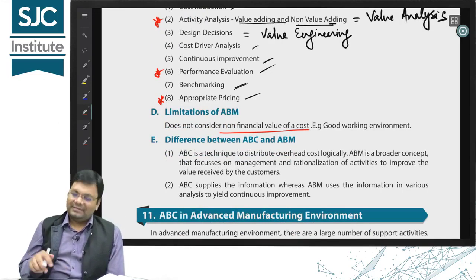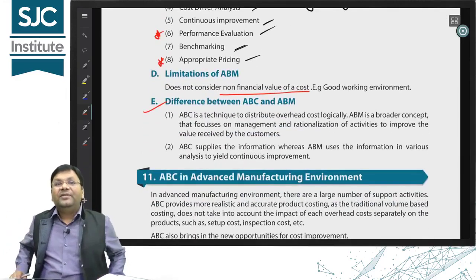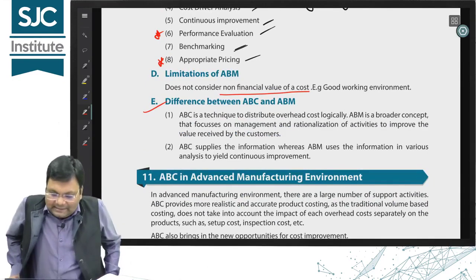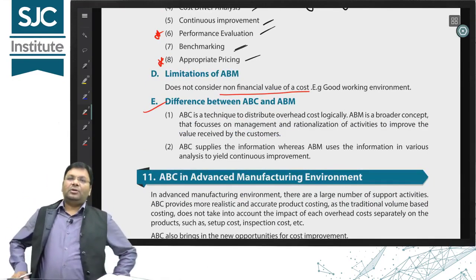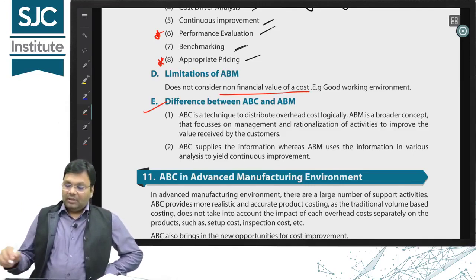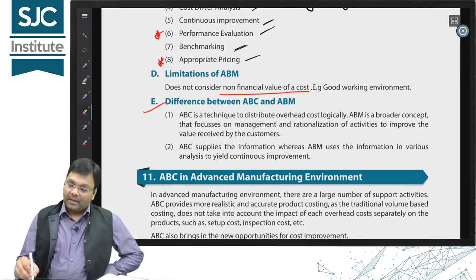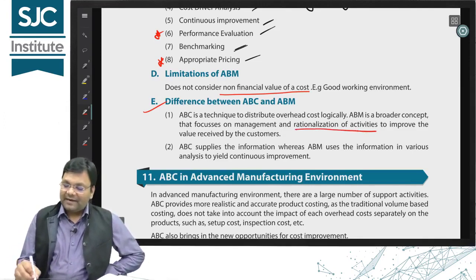And then there is a very famous exam question: the difference between ABC and ABM. So you will say ABM is a broader concept which includes ABC in it. ABC is just about distribution of cost, but ABM is about how you will use the activities to produce the product. It is also about rationalization of activities.